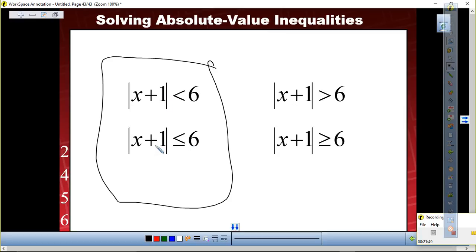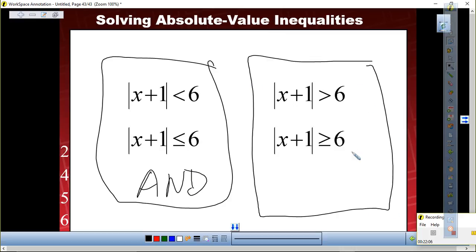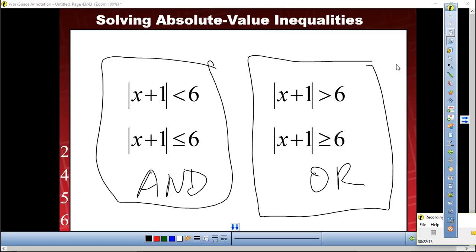If absolute value equations are less than or equal to, these are what kind of inequalities? And if they're greater than or equal to, they are or. Hands if you saw that. Okay, we got it? All right.